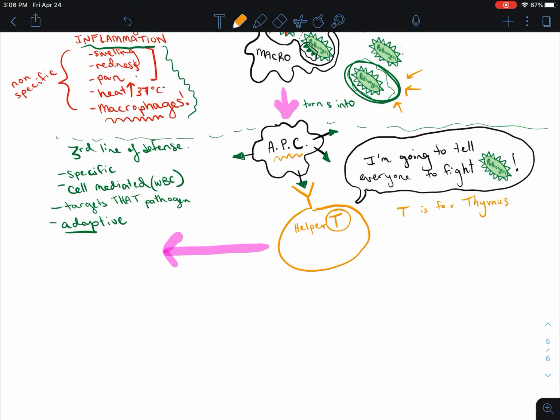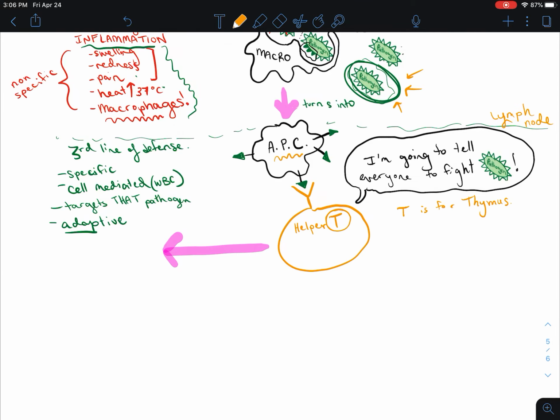Okay, so oftentimes your antigen presenting cell is going to travel to a lymph node, which is a part of your lymphatic system, and that's where often we'll have white blood cells gathering to be trained. And so that's where the helper T meets the antigen presenting cell. It travels to the thymus to teach the other T cells.